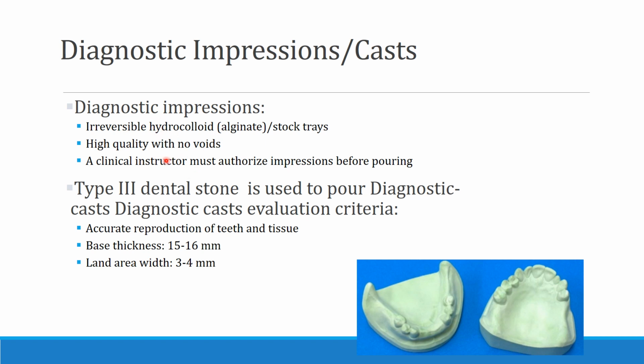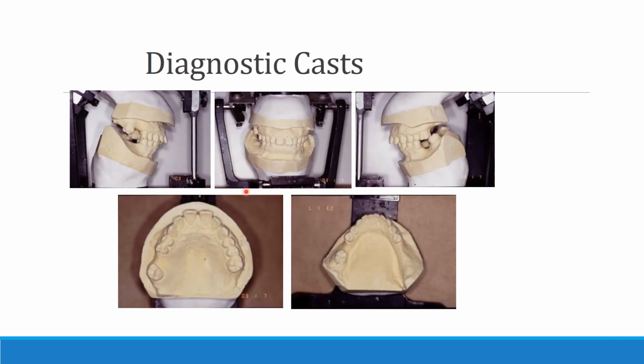A clinical instructor must authorize the impression before pouring, of course. Type 3 dental stone is used to pour the cast, and these are the base of the cast and the land area, right?